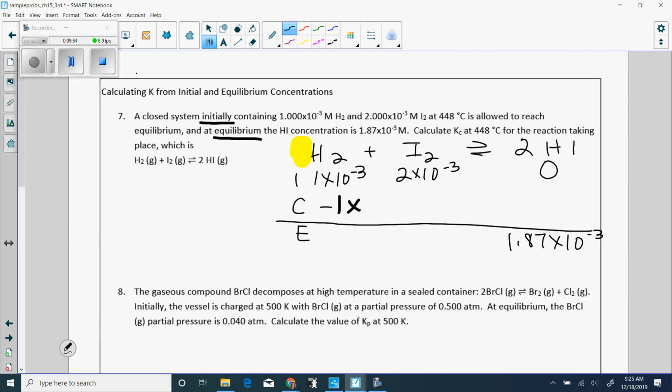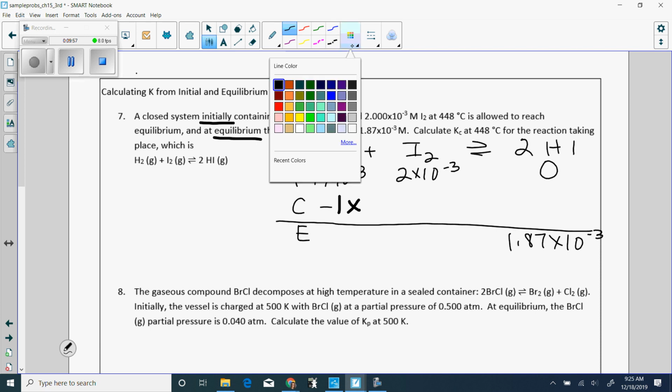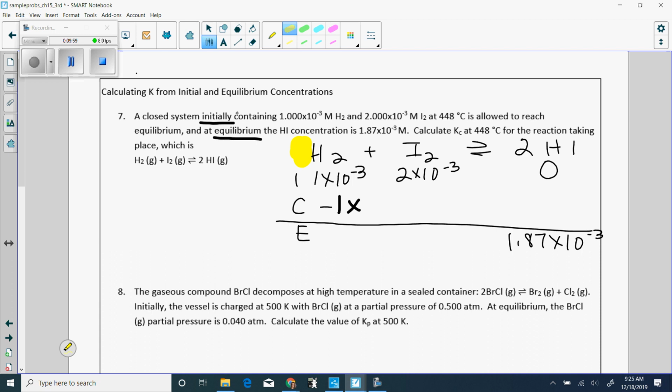My iodine is also going to disappear because it's a reactant. A factor of 1 because the coefficient is 1, by I don't know how much, I'm going to call it x. To be clear, because learning is hard, this one is because of that one.